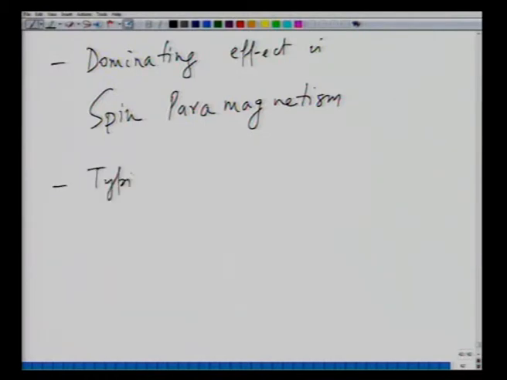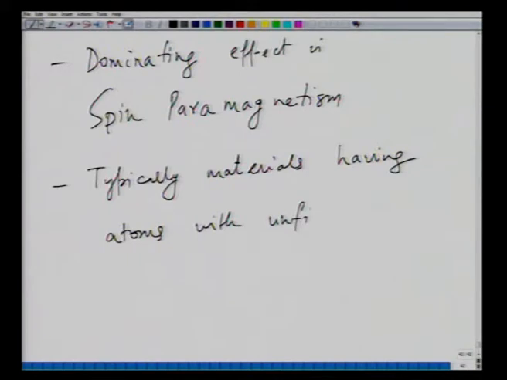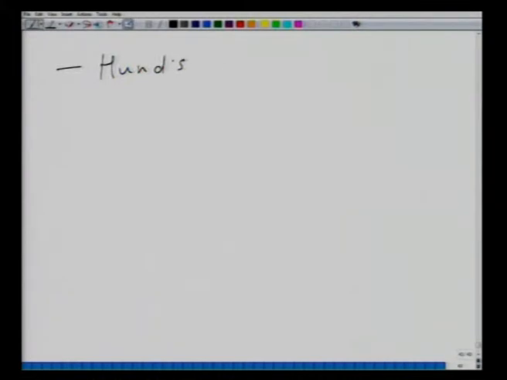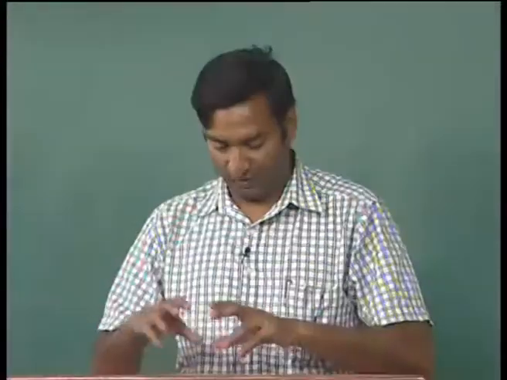So typically, materials having atoms with unfilled d shells also tend to follow what is called Hund's rule. This Hund's rule is essentially a basic physics law which says that the moment for an atom is maximized by alignment of spins in one direction, by filling up in one direction first and then going for another direction.